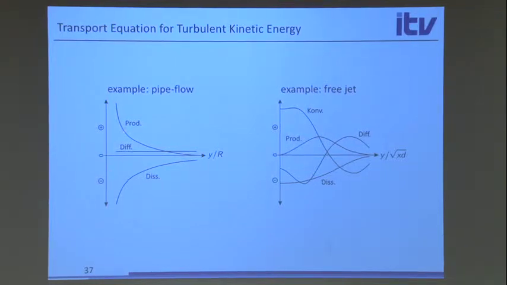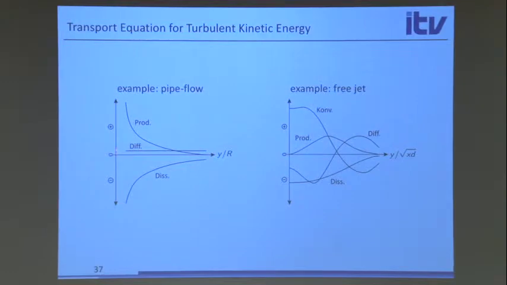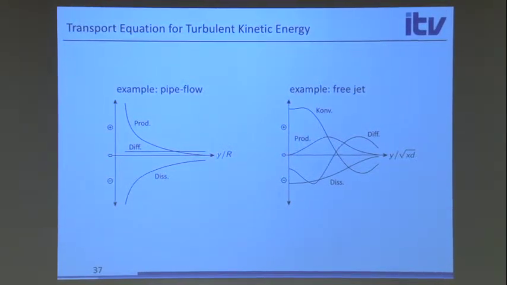And this might be interesting. This is the budget. So in turbulence, we like to look at so-called budgets. This here is each individual term in the kinetic energy equation evaluated for a pipe flow. This here is the center line of the pipe, and there must be a wall here somewhere.